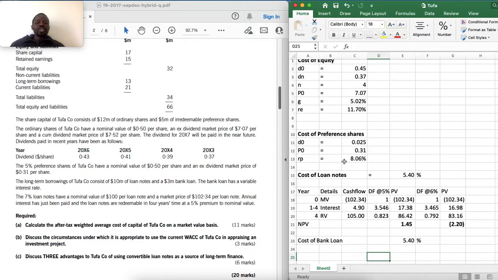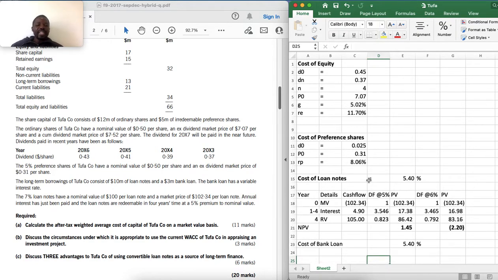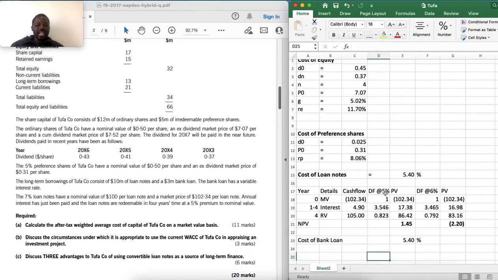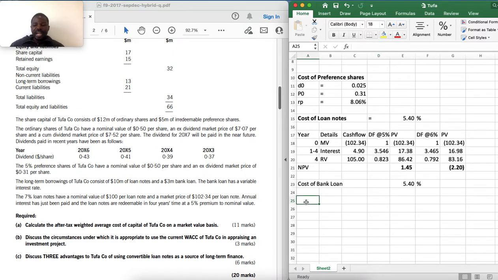Now we have found all the costs of each finance element here. Now let's calculate our WACC. To calculate our WACC, we should also have another table that will make it easier. This table will denote the details here, then equity, then we'll say preference shares, loan notes, and bank loan.